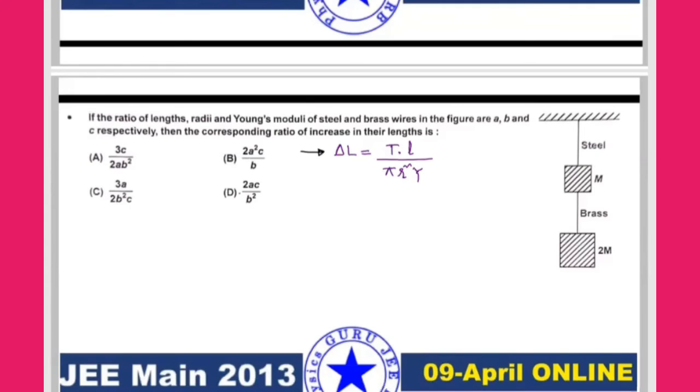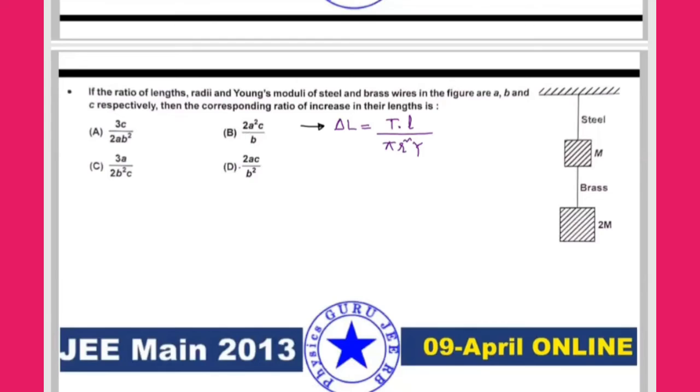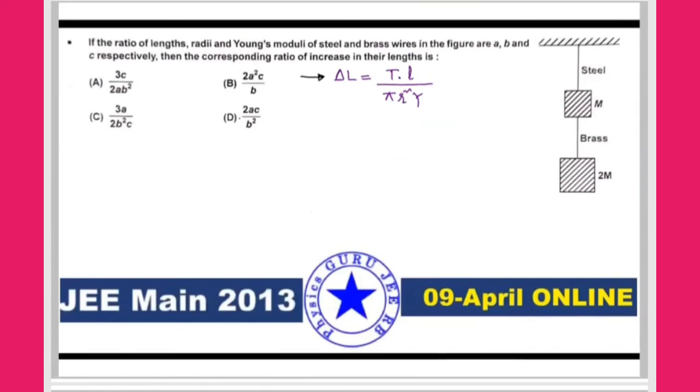First for steel wire, I want to calculate delta L for steel wire. Now delta L is equal to, first we should know the tension for steel wire. See carefully here. The weight acting downwards here is 2 mg. Here the weight acting downwards is mg. Now the total weight acting in the downward direction is mg and 2 mg, which is 3 mg on the steel wire.